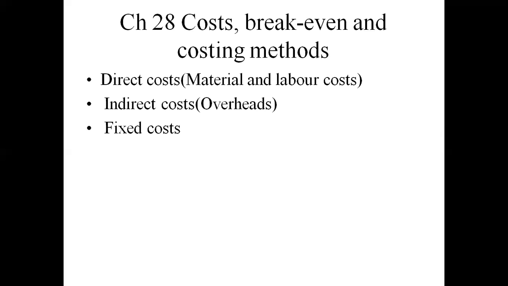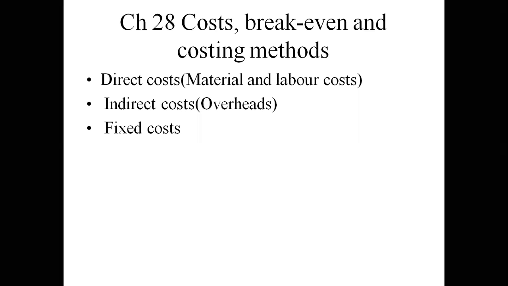Similarly, if you pay salary to your workers, and the worker is responsible to produce many items, and salary is not linked with the number of output being produced, it doesn't matter whether the worker produces 10 items or 20 items or 5 or 50, the salary remains the same. If this happens, we call it a fixed cost.